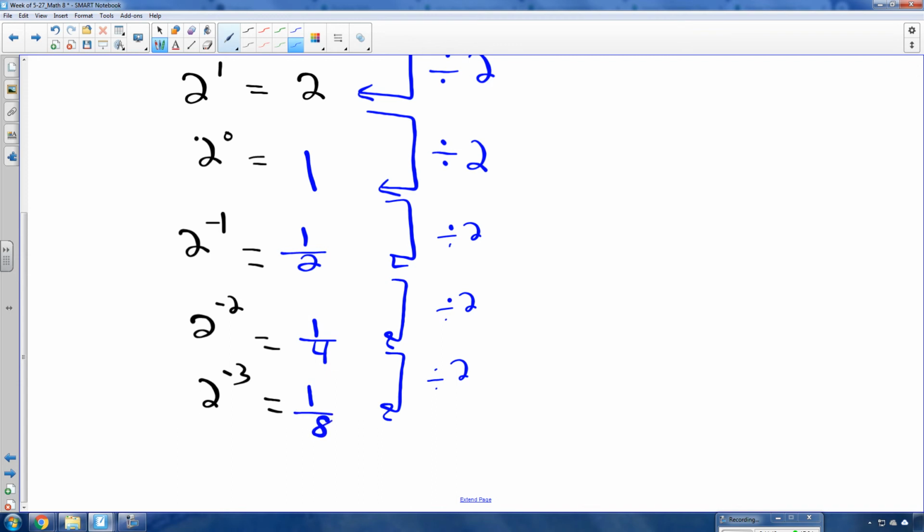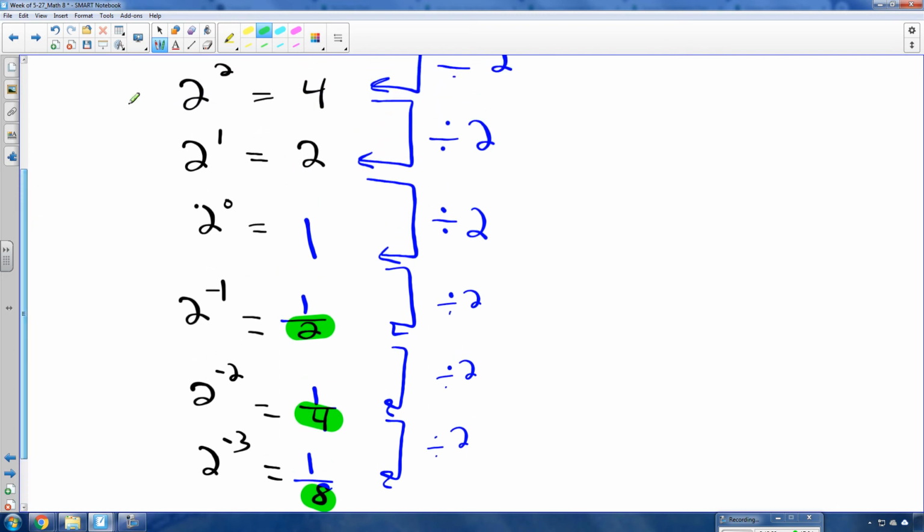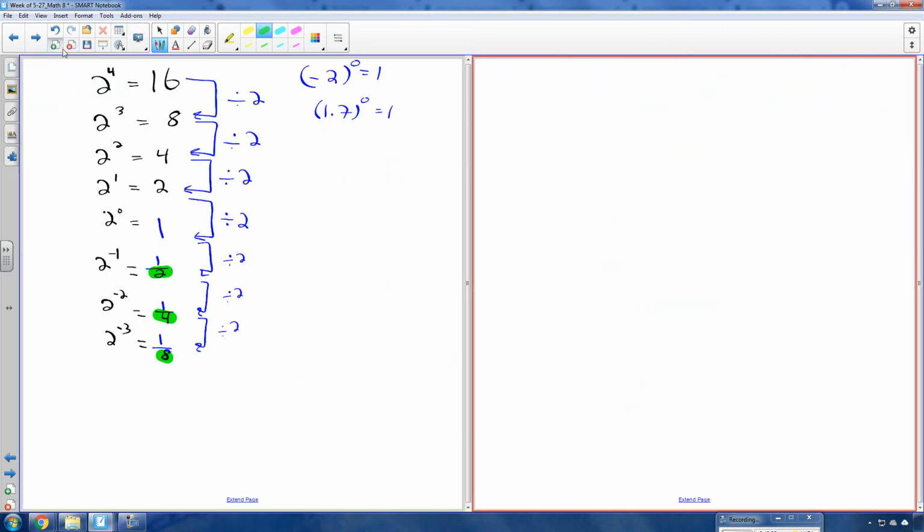Do you see the numbers that are down in the bottom, the denominators here? So I'm going to highlight some things. You guys see this number here is an 8, and this is a 4, and this is a 2. Can you look at the pattern for a second and tell me if those numbers look at all familiar? The 8, the 4, and the 2. Have you seen them before? Where do you see them on the screen?